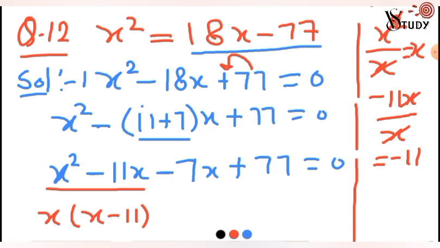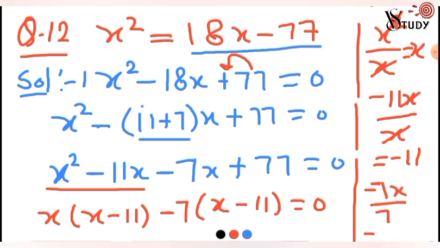In the same way, now you take negative 7 as common from the last two terms. So we have x minus 11 equal to 0. When negative 7x is divided by negative 7, you have positive x.